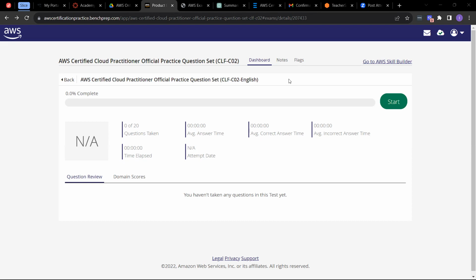Anyway, the CLF-C01 has been retired since September 19th, if I'm correct, right? So now it is CLF-C02. The old one has been retired, and nothing was actually removed from the CLF-C01, but new stuff were added. Some of them were just brushed on, just talked about briefly in our modules. Some they didn't talk about at all.